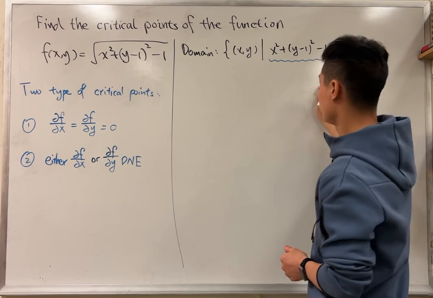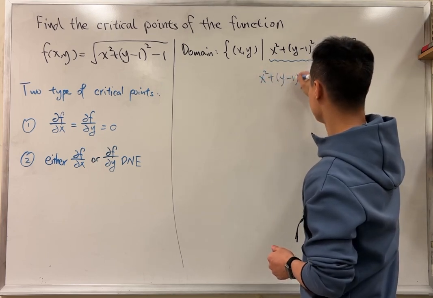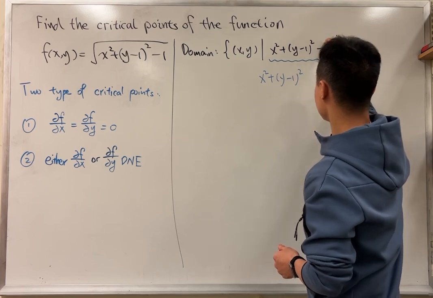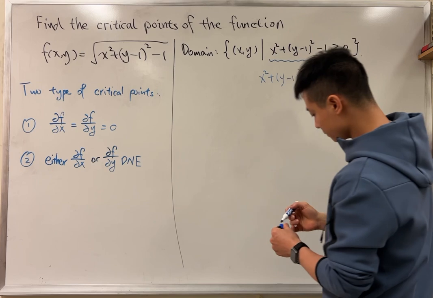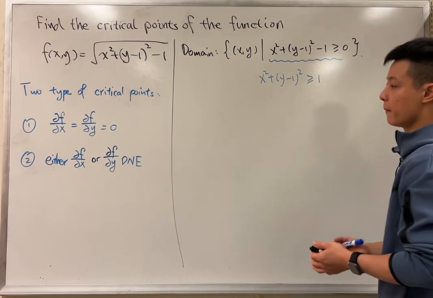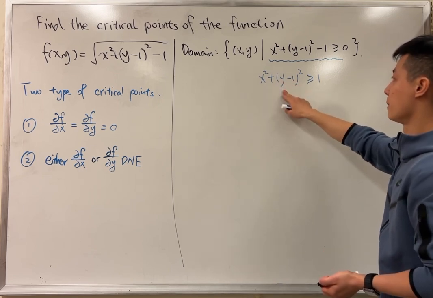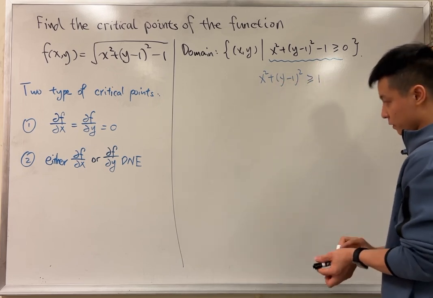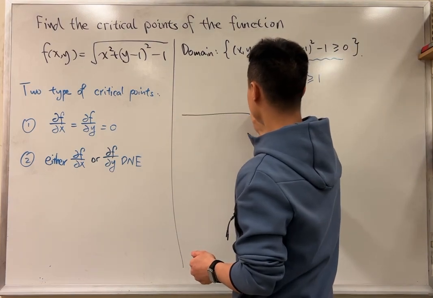We can rewrite it as x squared plus (y minus 1) squared, and then move this 1 to the right side, greater than or equal to 1. And this inequality makes us think of the equation of a circle, which is x squared plus (y minus 1) squared equals 1. So that is going to be a circle.